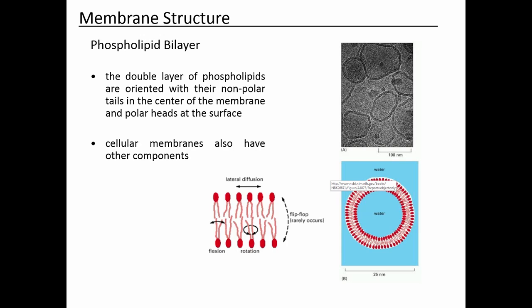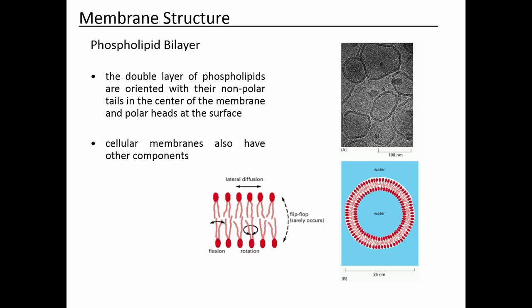There are only two new things that I'm going to add from this slide. The first bullet point is what we just discussed. It's just describing the structure of a phospholipid bilayer. And then we're going to go on to talk about the other components of a cellular membrane in a second. I'm going to add more than two things, sorry.